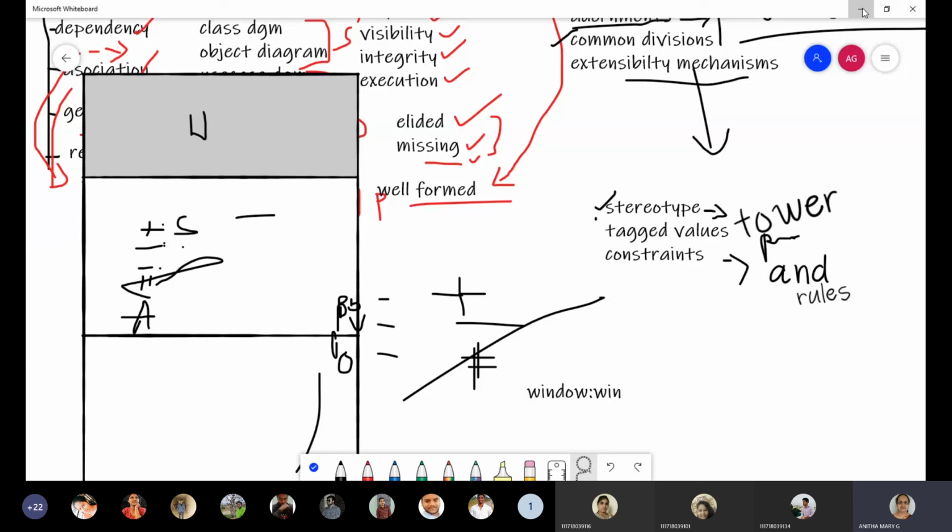So here in event queue, what we are talking about are the different versions here. I'll tell you each one in detail, but moving on to the first one. First one, stereotypes. So stereotype means extending vocabulary.